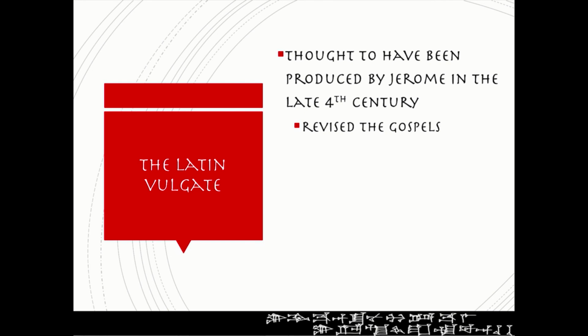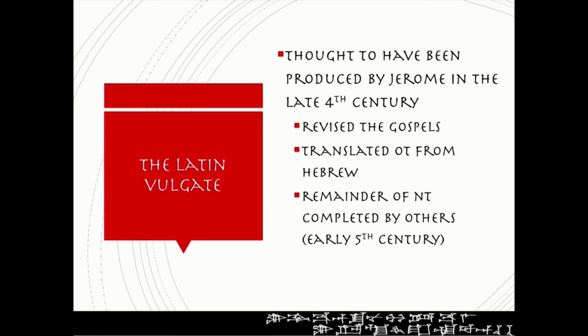Jerome himself revised the text of the Gospels, and he translated the Old Testament afresh from the Hebrew. However, the text outside of the Gospels, the Pauline letters and Revelation, was completed later by an unknown source, but we know that the Gospels were revised and the Old Testament was translated directly from the Hebrew.